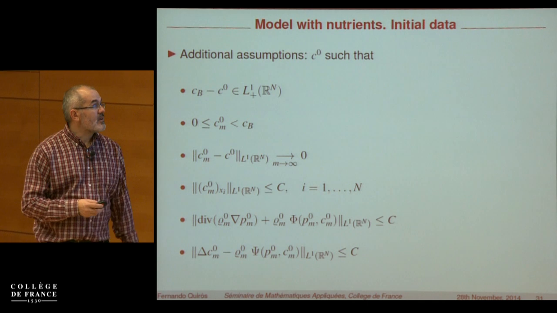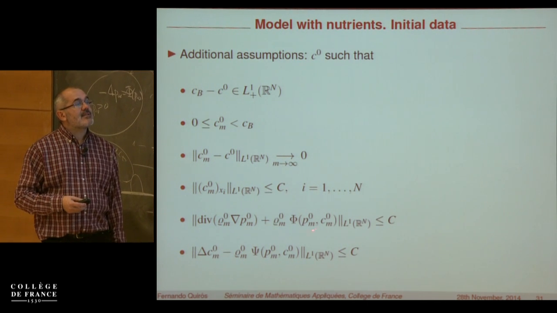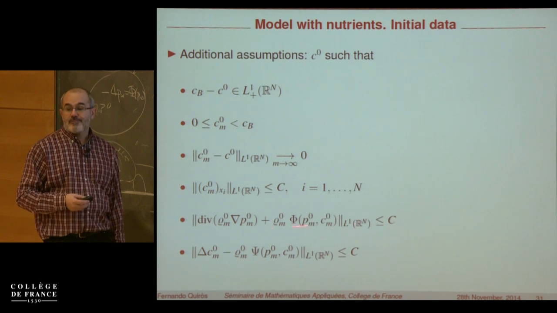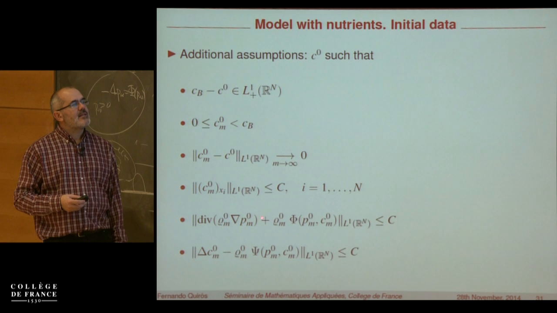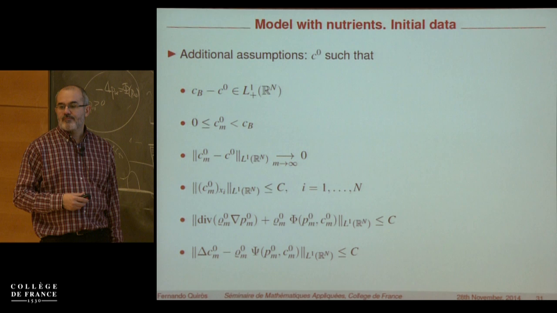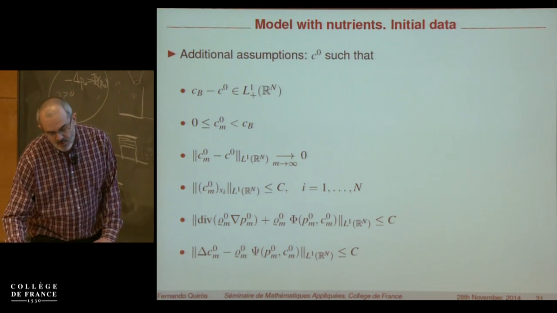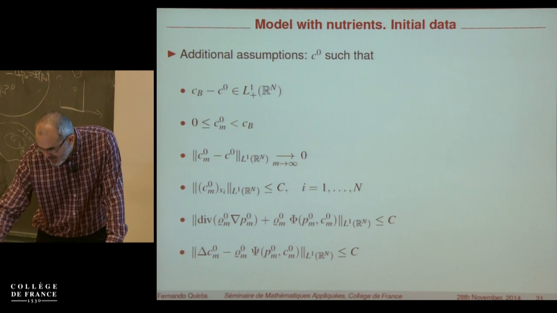So what we do is we impose that the initial time derivative is in L1. And we also assume that the initial time derivative for the nutrients is in L1. It's an open problem to remove these assumptions. It would be nice.